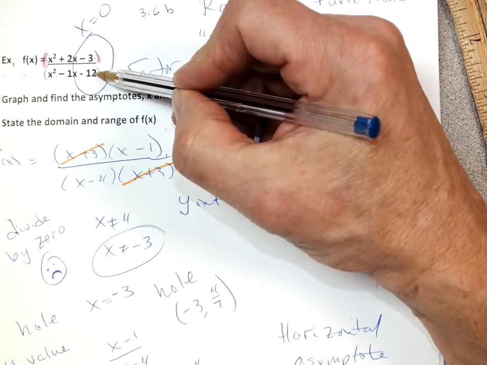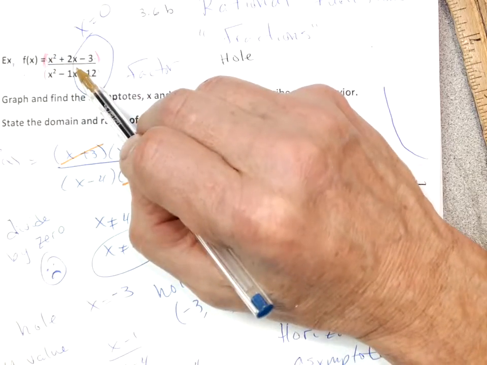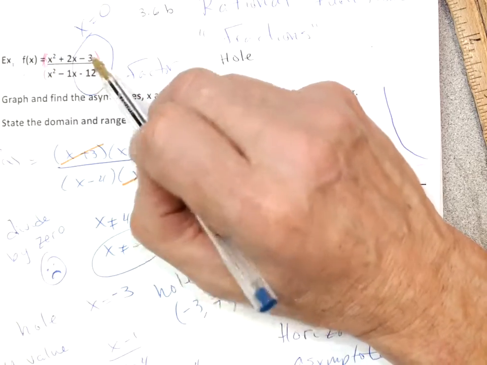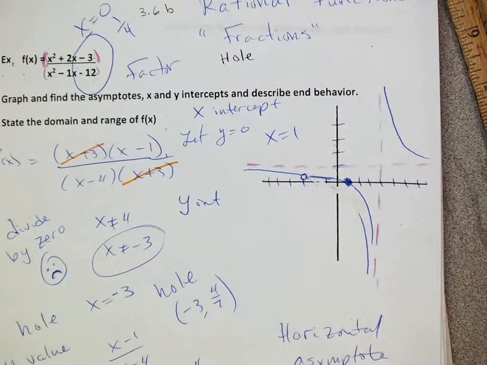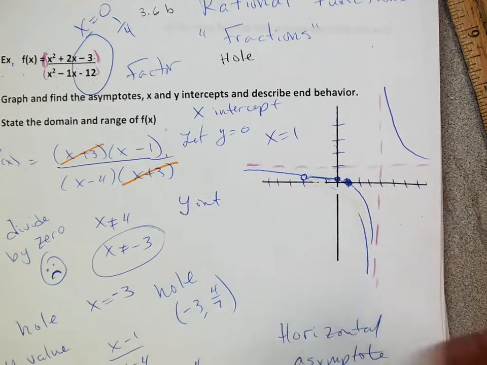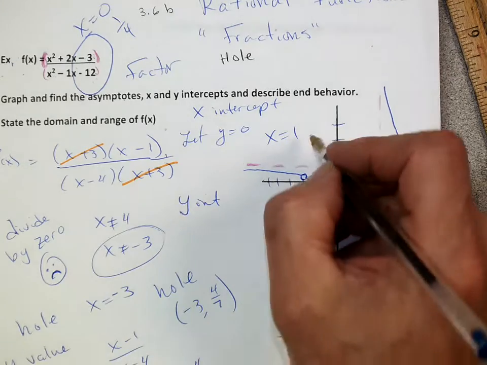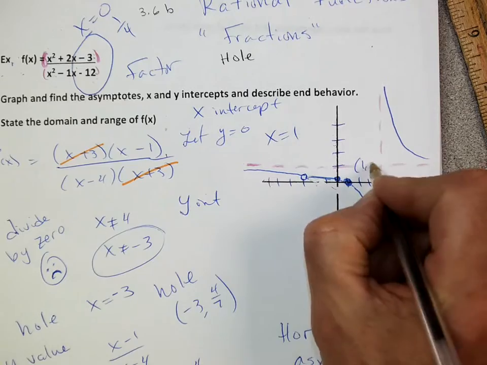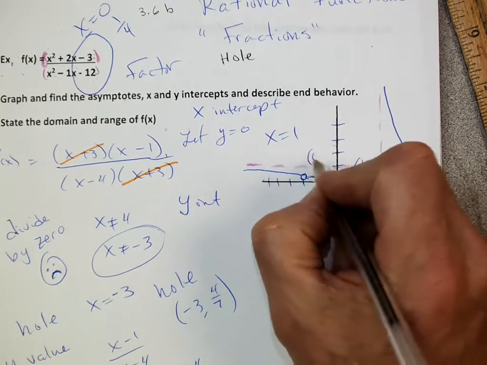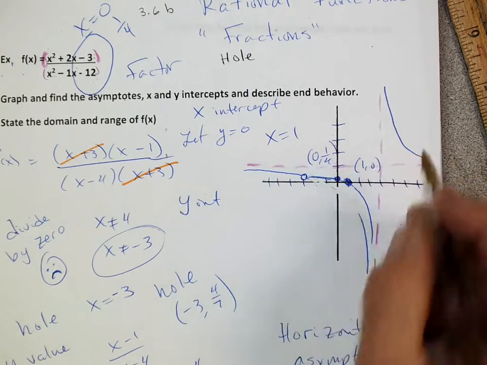Can you see that? If that's 0, that's 0. If that's 0, that's 0. We just get negative 3 over negative 12, which is 1/4, okay? So right at 1/4, and that makes sense. So here we go. I've got an x-intercept at (1, 0). I have a y-intercept at (0, 1/4).